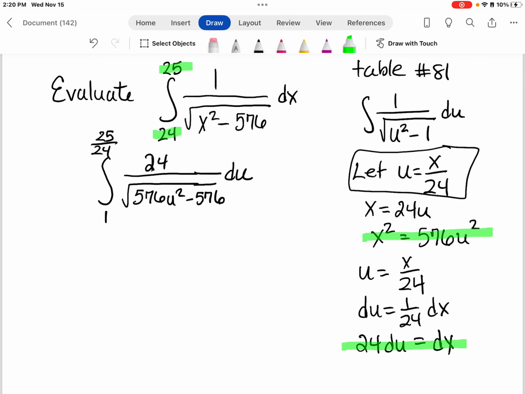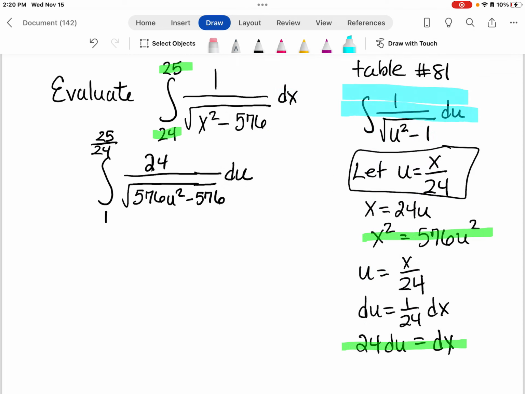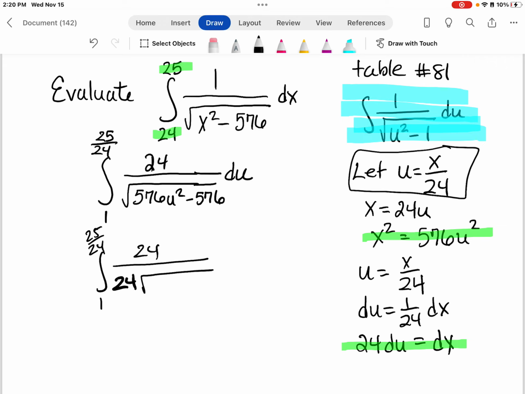Okay, now we can do a little bit of rearranging to set it up like this right here. This is what we're aiming for. So then we can use the table. So I'm going to factor out a 576 and then take the square root. So I'm going to get 24 over 24 times the square root of u squared minus 1.